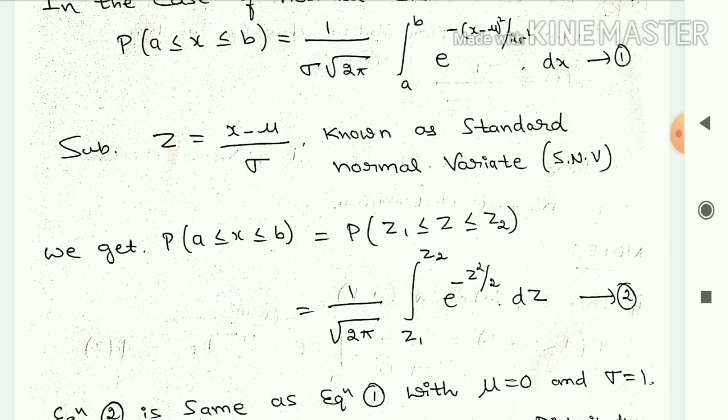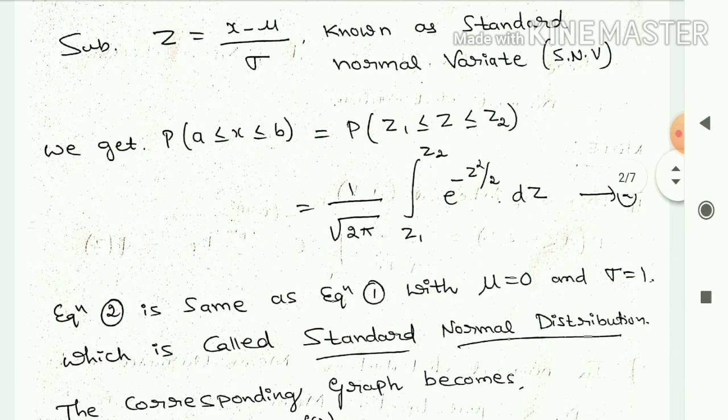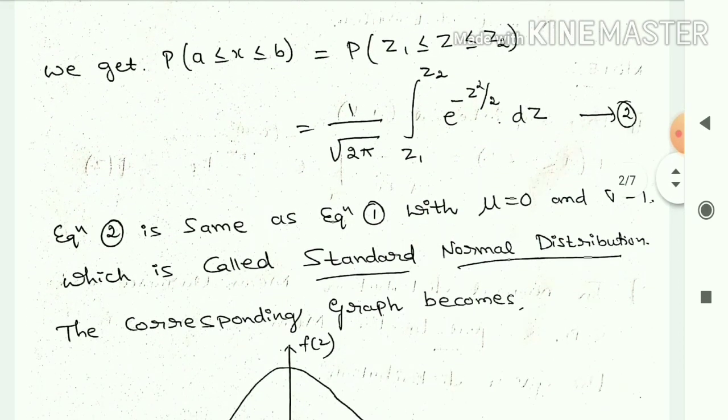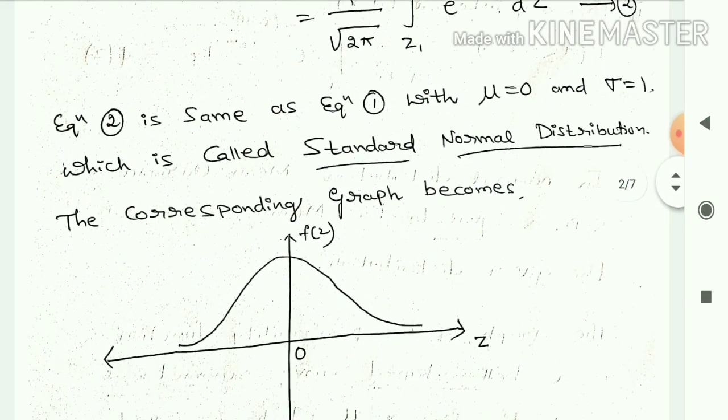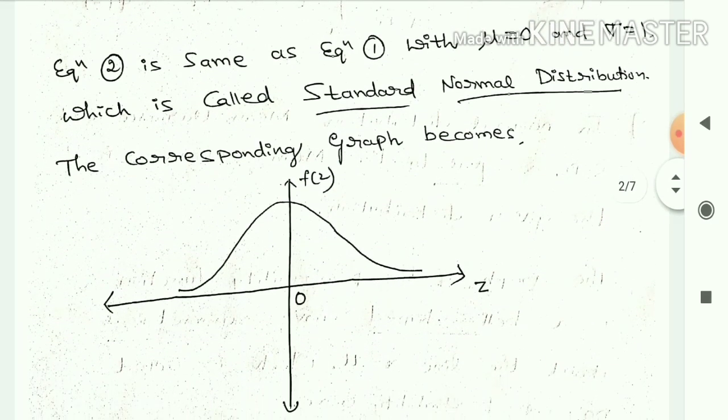Therefore standard normal distribution is the same as normal distribution with mu equal to 0 and sigma equal to 1, and that is denoted by phi of z. Therefore, in any formula, any problem, any solution, we prefer to convert normal into standard normal distribution by writing in terms of z.